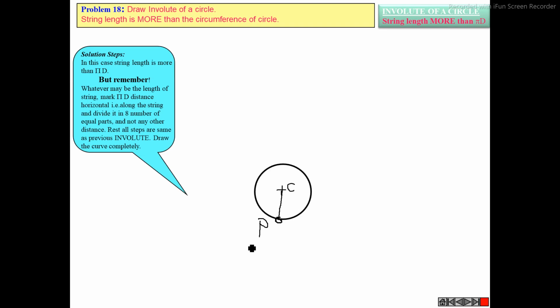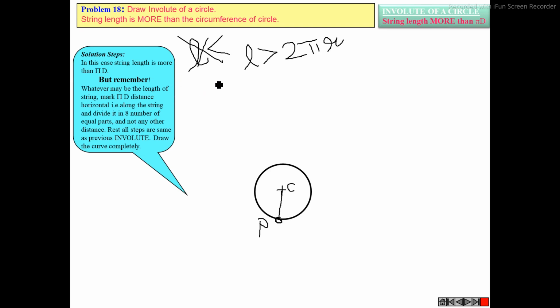Now the case is that the string length is more than the circumference of the circle. That means the wire which we are going to wrap and unwrap is somewhat more in length than the circumference of the circle. That is this case. Correct?